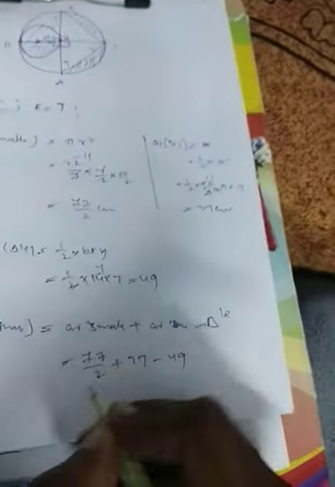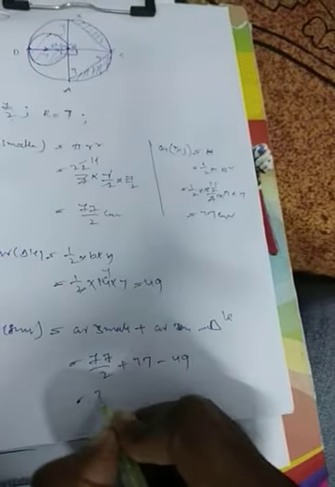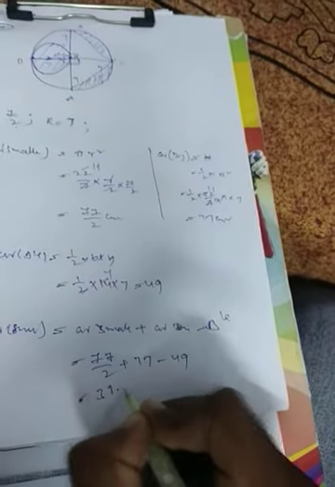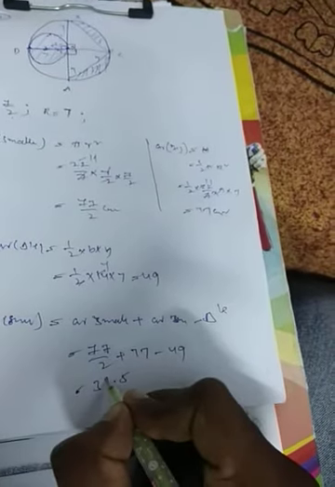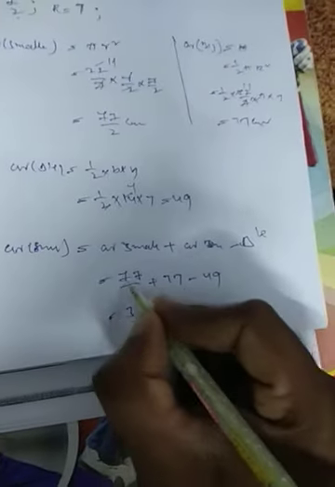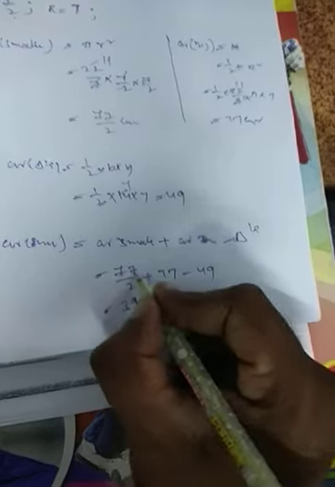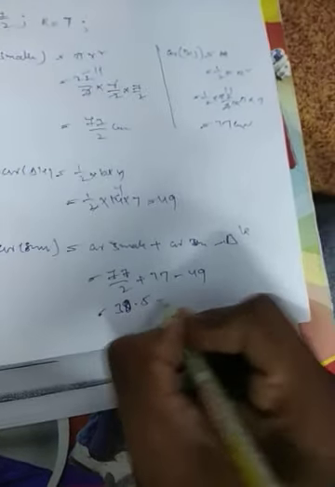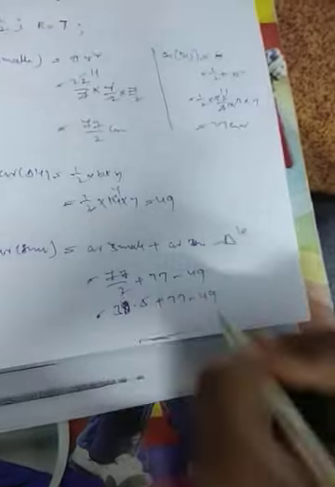So this will be 77/2, which is 38.5, plus 77 minus 49.